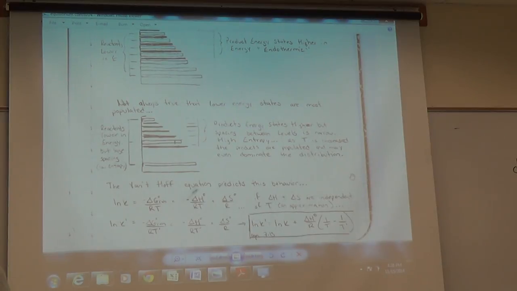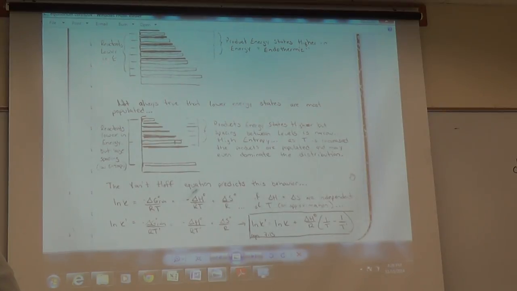Reaction 1 is carbon monoxide gas plus 1/2 O2 gas goes to CO2 gas.